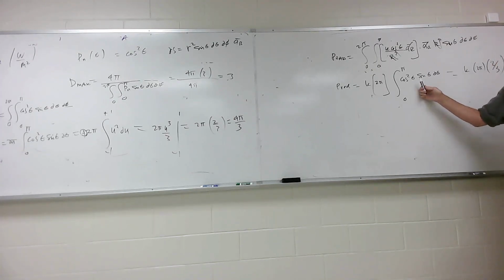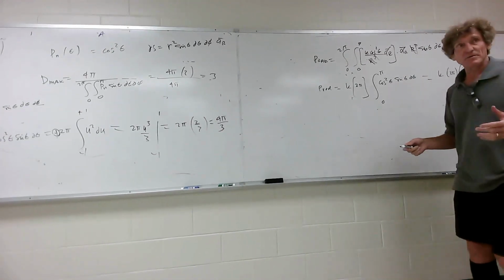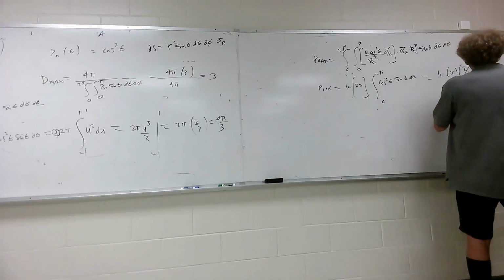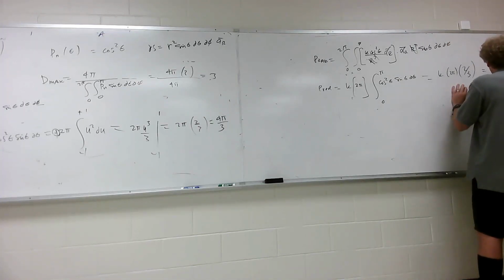Let u equal cosine, du is minus sine. It's a straightforward integration. You can do it in your calculus if you want, but it's kind of overkill. I don't remember exactly what K was, 2.12, but now when you do that, you get P rad. How much was P rad? 8.889 watts.